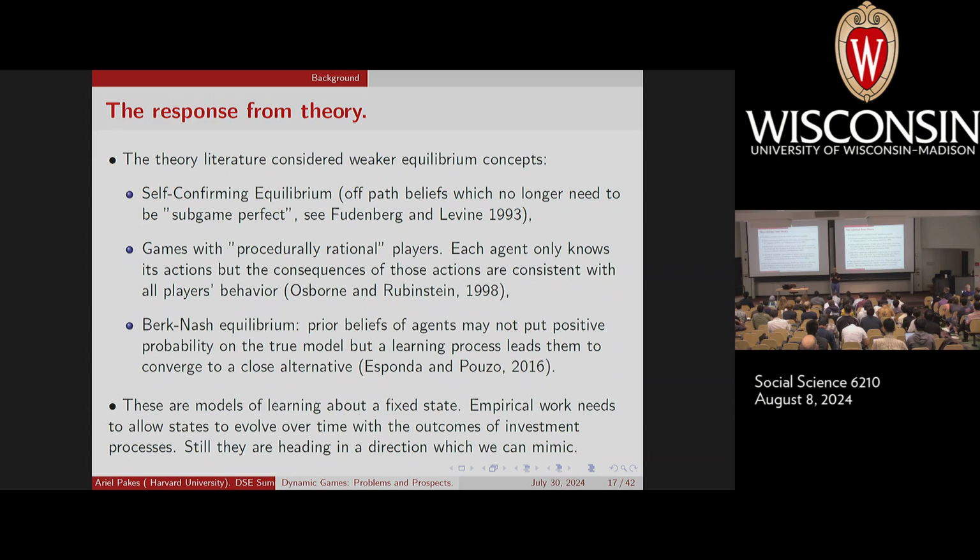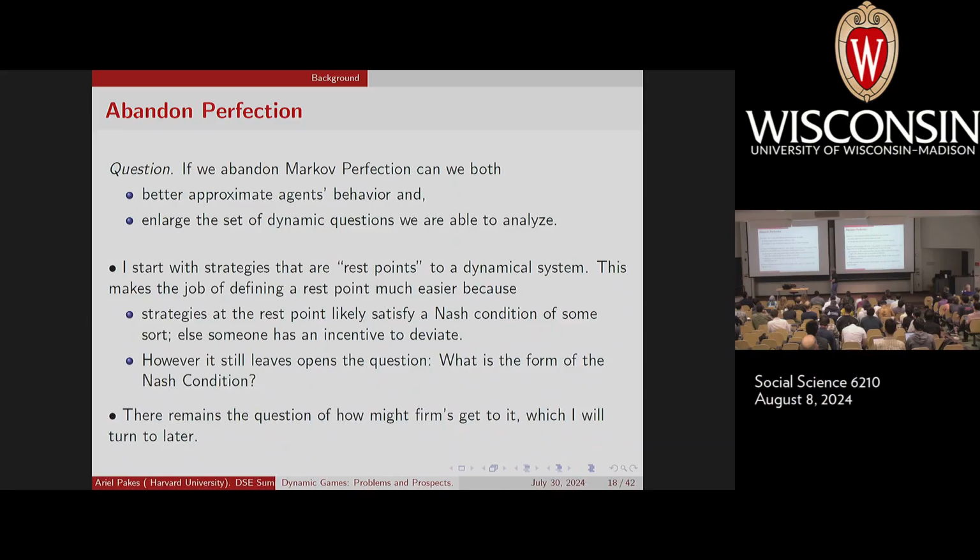For I/O, the reason we're doing all of this is to look at the evolution of market structure. So it's not that the ideas aren't right; it's that you need to do more in order to apply them to I/O. So the question becomes: if we abandon Markov perfection, can we both better approximate agents' behavior and enlarge the number of things we can do?